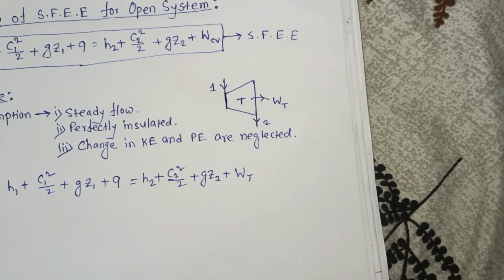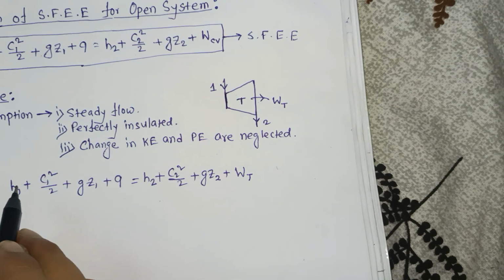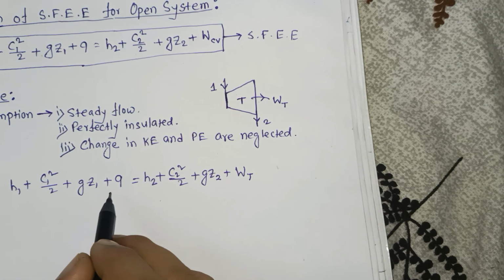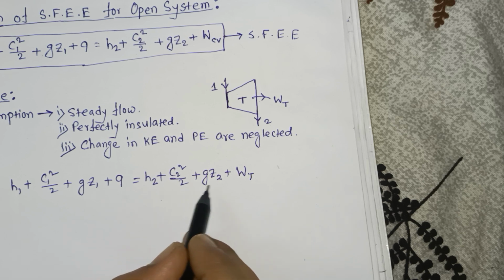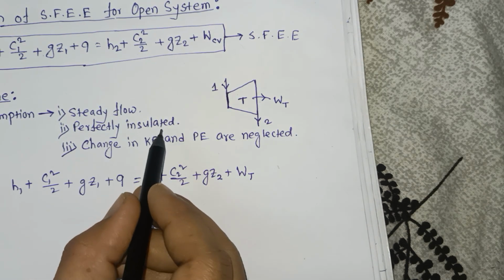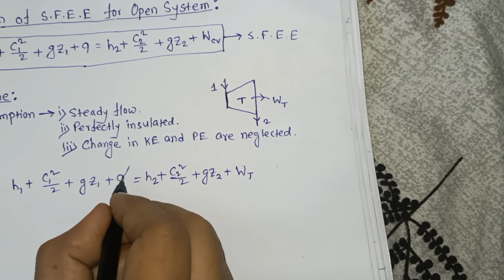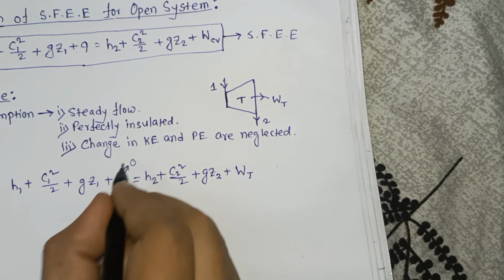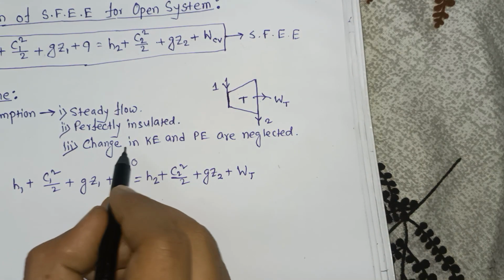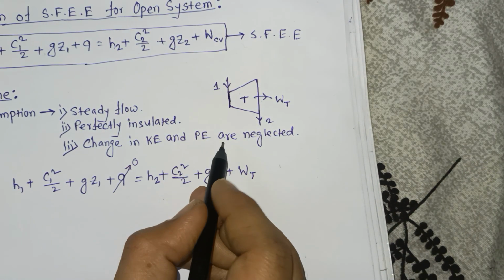Steady flow means you have to apply this equation. Next, it is perfectly insulated, that means there is no heat transfer, so that is why Q is equal to 0.